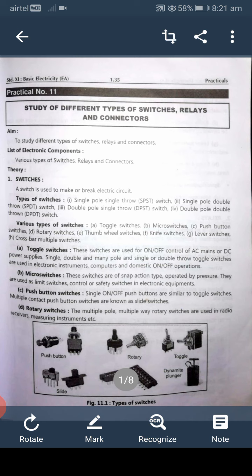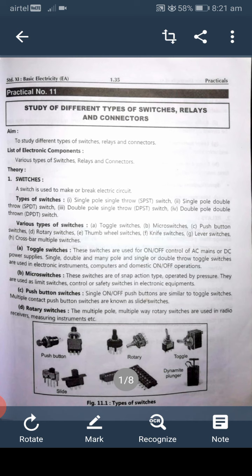These switches are used for on off control of AC mains or DC power supply. Single pole and many pole and single or double throw toggle switches are used in electronic instruments, computers and domestic on off operations.